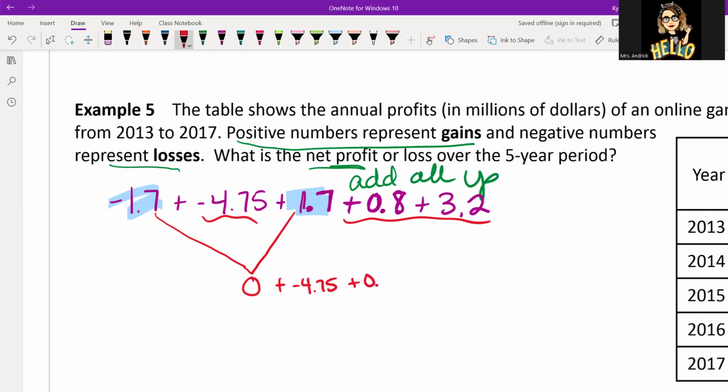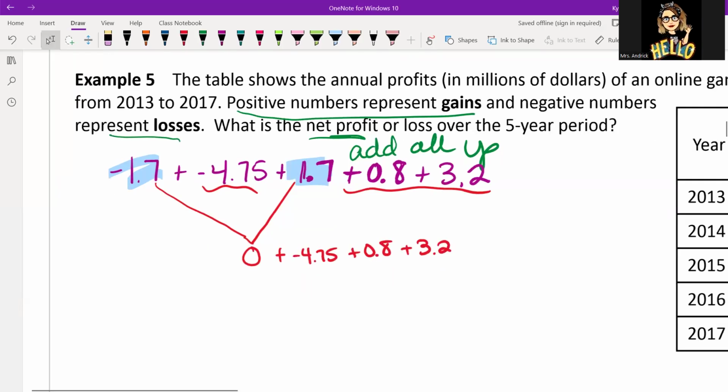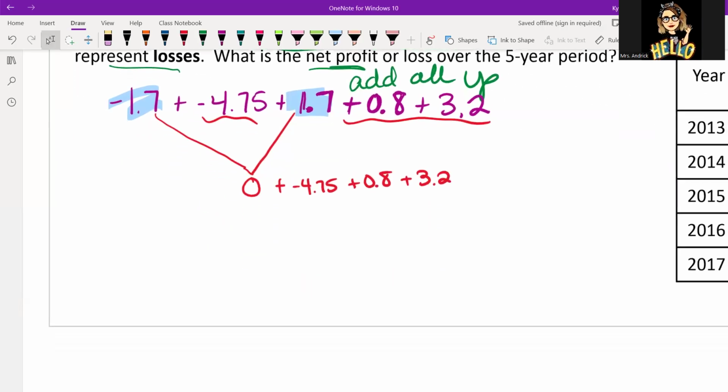I'm just rewriting the rest of the problem now. Okay. And now I'm going to add up all my positives first. That's these two numbers, 0.8 plus 3.2. Those are both positive.